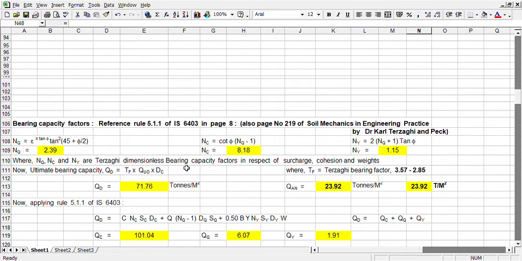These are dimensionless bearing capacity factors used by Terzaghi, so they are named Terzaghi bearing capacity factors. Nc is in respect of cohesion, Nq is in respect of surcharge, and N gamma is in respect of weight.